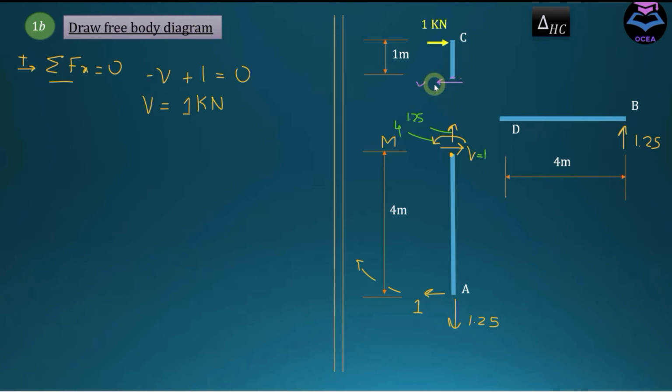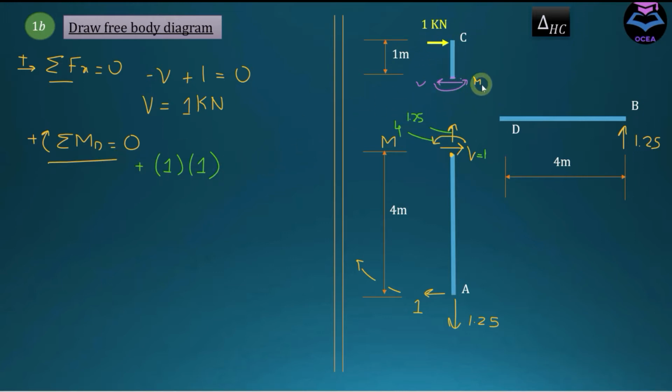And let's assume the direction of the moment as clockwise. And let's name this moment as m. To calculate moment, apply the condition of equilibrium at this point. That is, summation of moment at D point is equal to 0, and take clockwise moment as positive. This force is creating moment over point D in clockwise direction, so this is going to be 1 multiplied by perpendicular distance 1 meter, and this is creating clockwise, so hence positive.